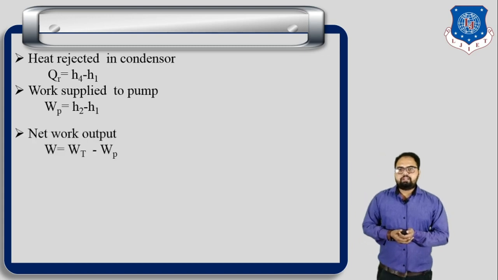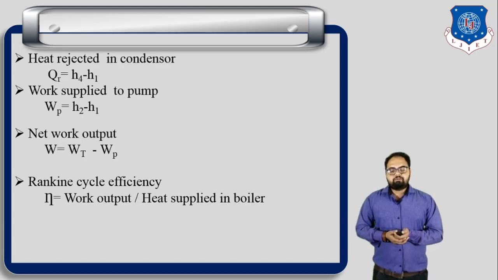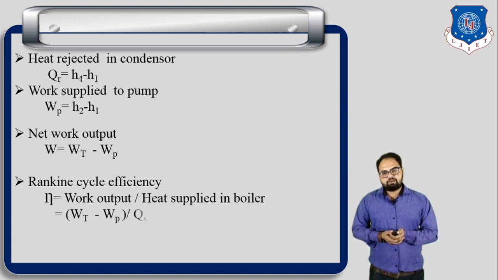Okay. So for finding the thermal efficiency, the net work done is turbine work minus pump work, divided by heat supplied. Okay. So the net work done WT minus WP divided by QS, and we know the equation for WT as well as WP.